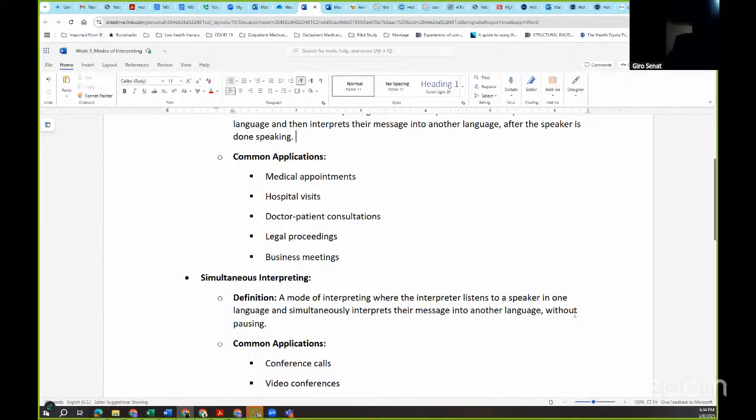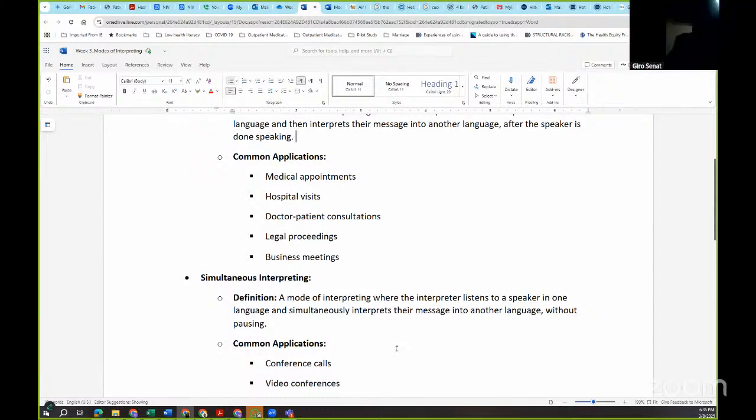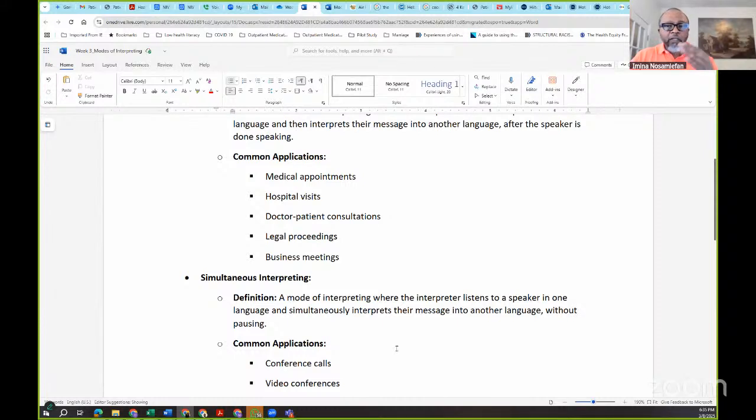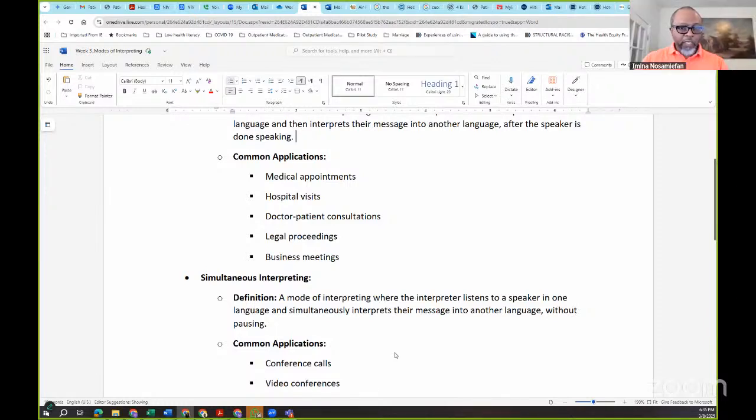Okay. But in a conference, there are some churches where, for example, while the pastor, the speaker, is speaking, you have a multilingual church, say there are people in the church who speak Spanish, Portuguese, French.